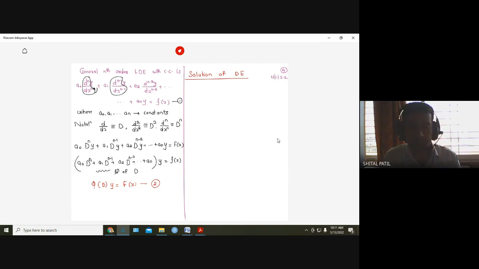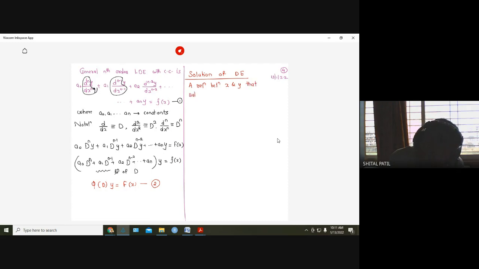Solution of a differential equation: a relation between x and y, or you can say the dependent and independent variables, that satisfies the given differential equation is known as a solution. Now write three types of solutions.